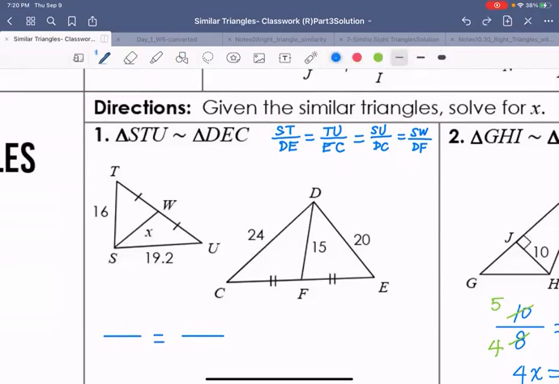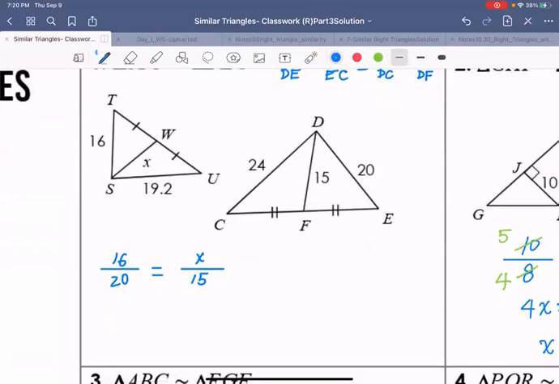So look, ST is 16, DE you put 20, and we don't need to worry about those things. We are looking for X. SW is X. And DF is 15, right? Yeah. That's it.